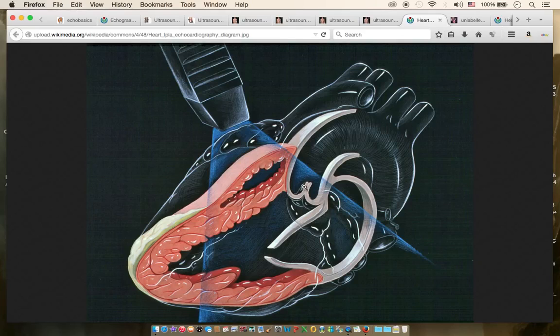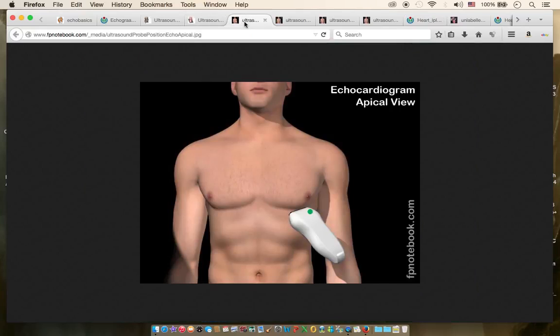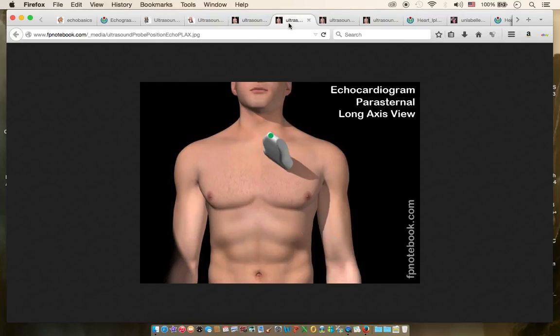Before that, you should know where to put the transducer to reach this view. It's very easy. Here you have a patient, this is the sternum, and this is the parasternal area. I put the transducer in the third or fourth intercostal space.